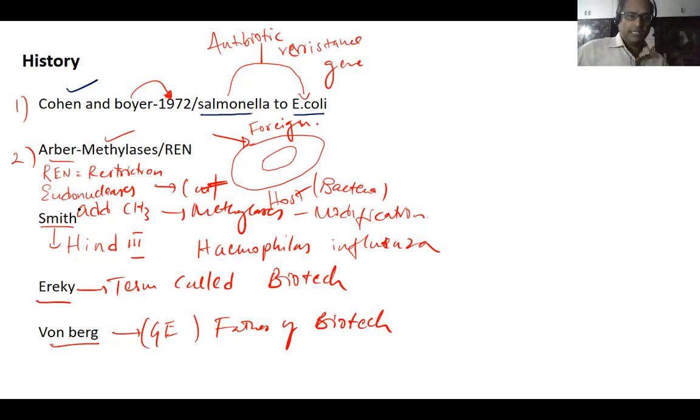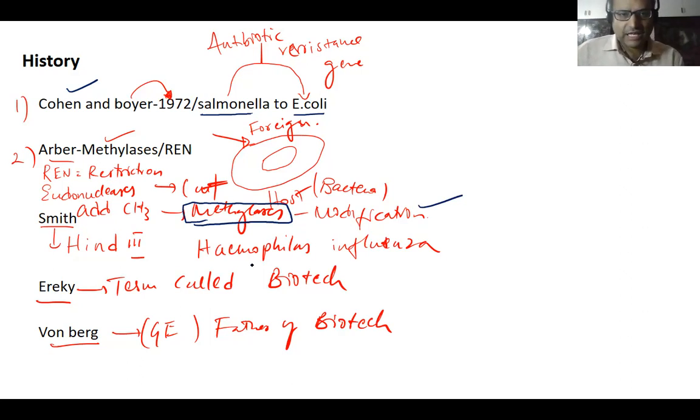Inside the bacteria there was an enzyme called methylase. The methylase made some modification in the host, in the nucleus region, to protect from the foreign agent.